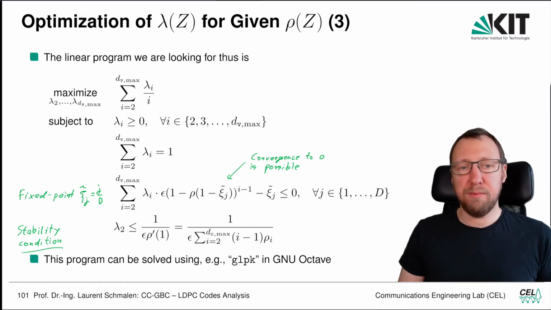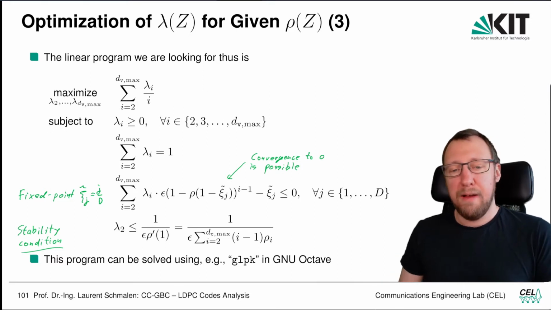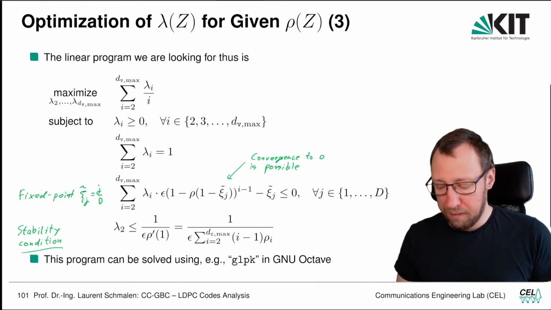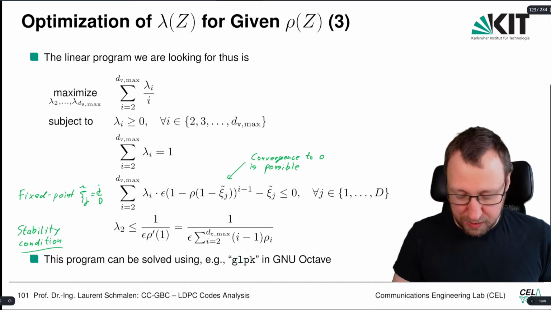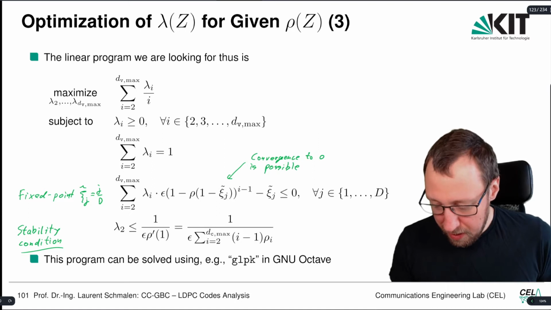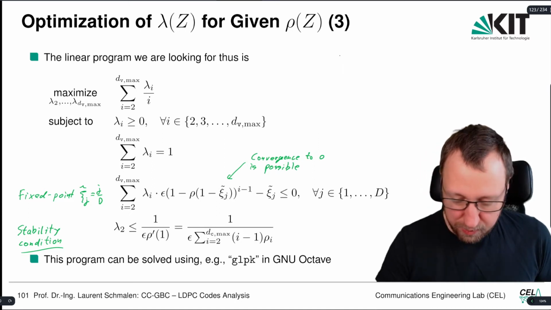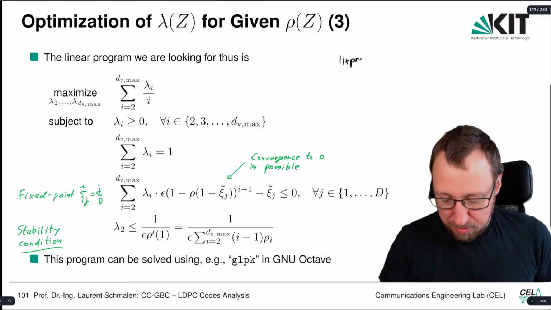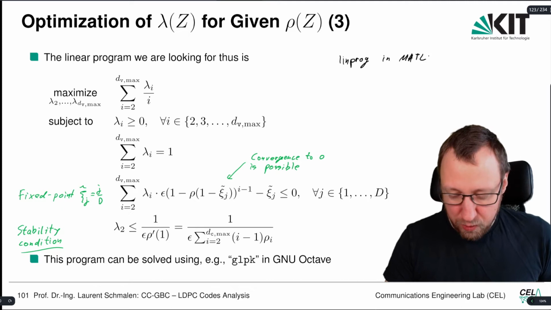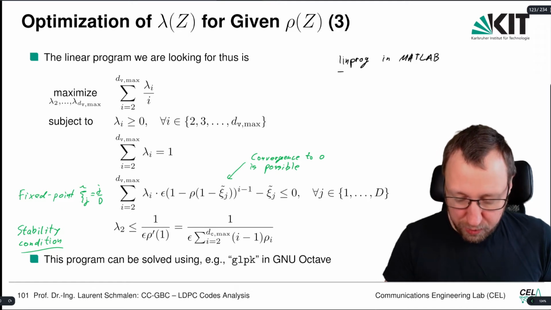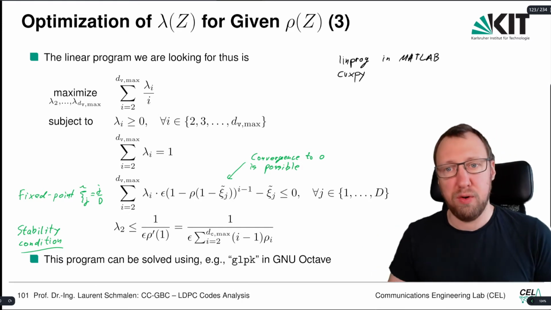This is a pretty standard optimization problem, and you have a ton of tools with which you can optimize those. For instance, you can use GLPK, which is included in Octave, or linprog in MATLAB. If you're using Python, you can of course use CVXPY, because a linear program is also a convex program.